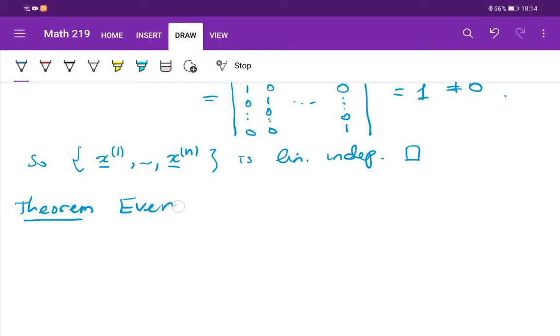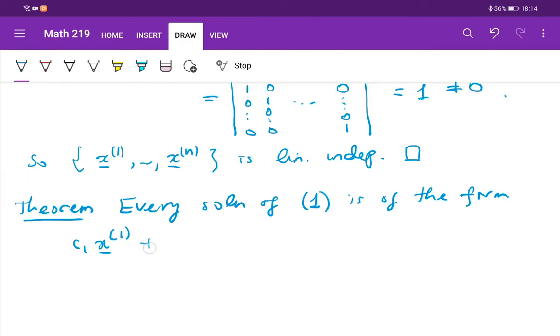Every solution of equation 1 is of the form c1 x1(t) plus ... plus cn xn(t), for some c1 up to cn, and in fact for a unique choice of c1 up to cn.